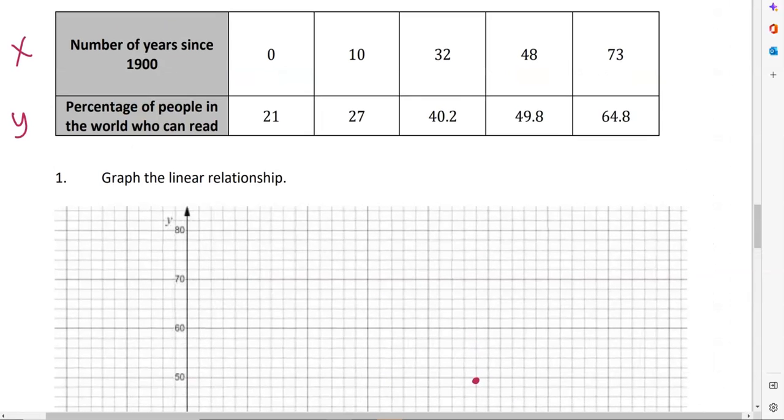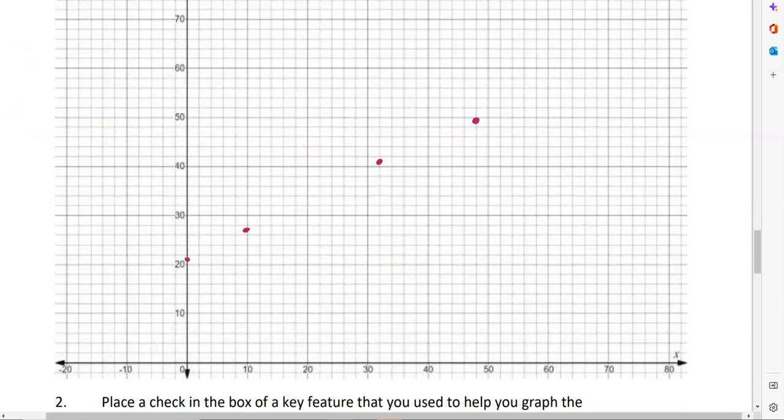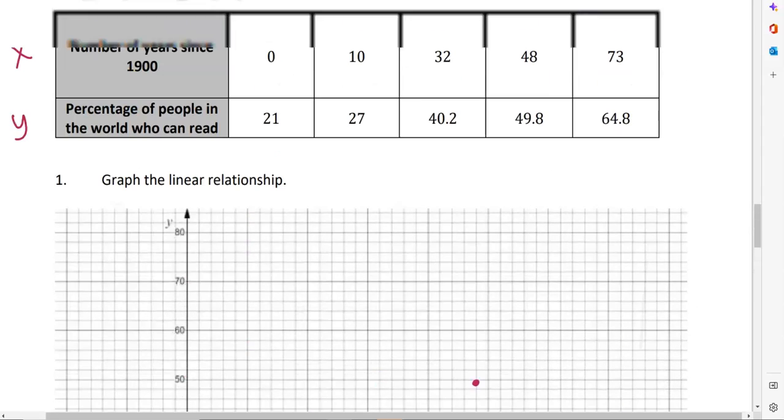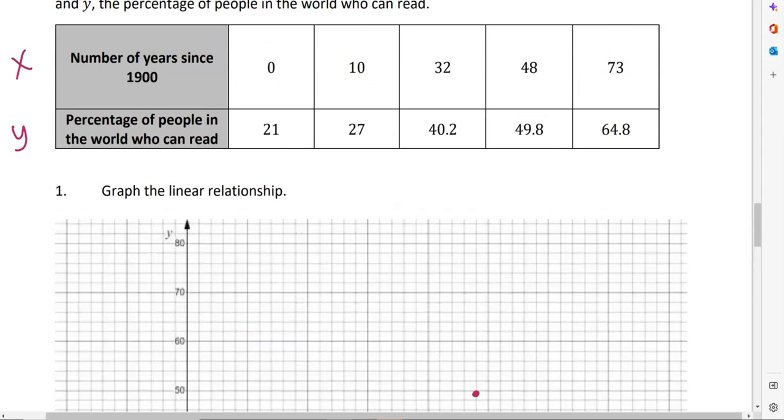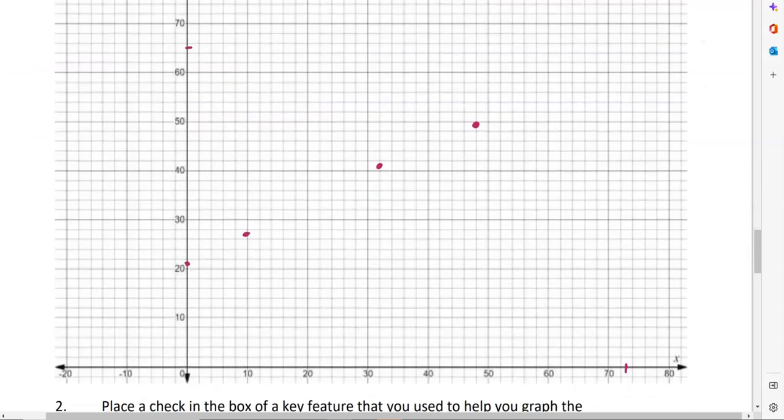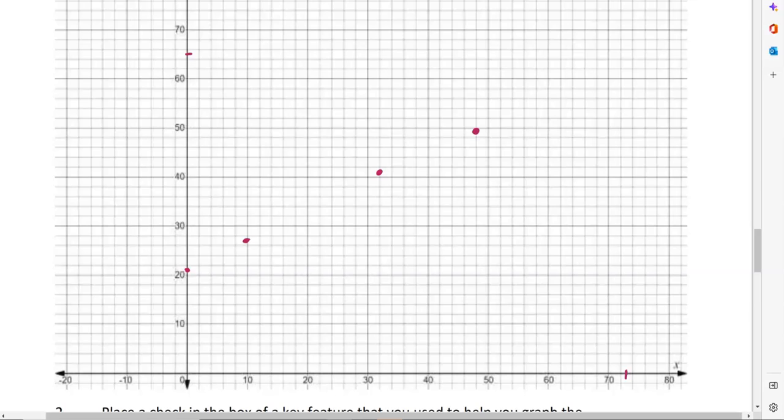And then our last one has an x value of 73. So right here in the middle. And a y value of 64.8. So right in the middle. So right about here. Nope, I lied. Right about here. There we go.